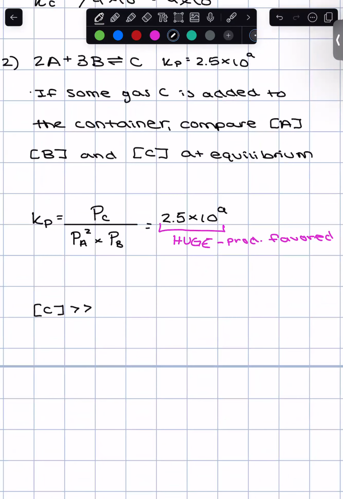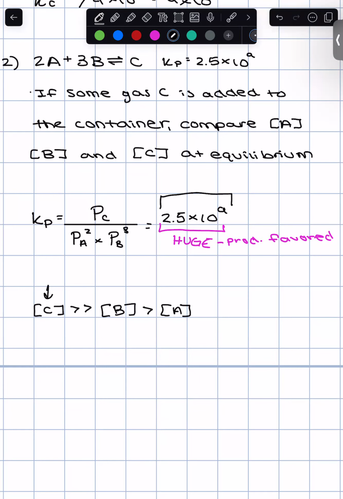Don't be like me. That should be a 3. But Dylan is exactly right. The concentration of B is going to be greater because for every one C that produces reactants, more B is going to be produced than A. But the big concept here is that C is still very predominant because of how favored the products are at equilibrium.